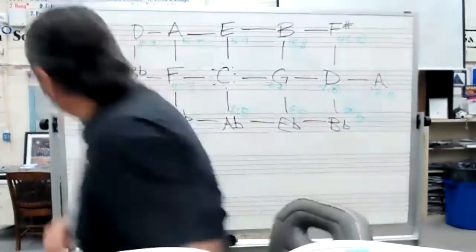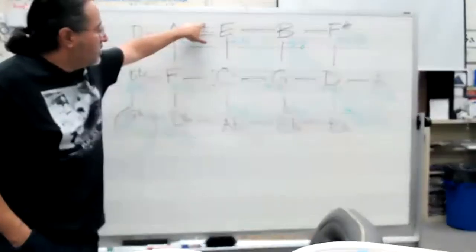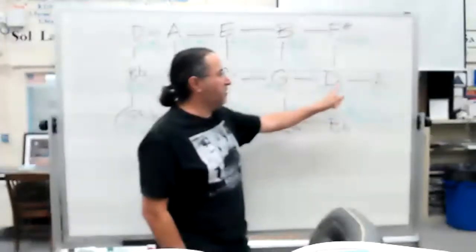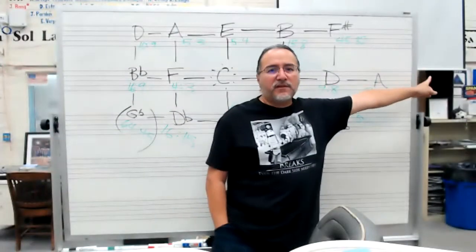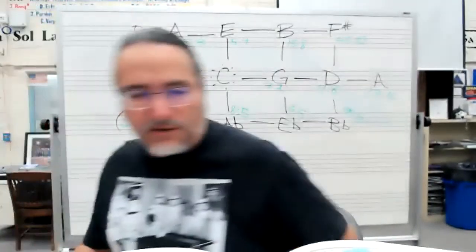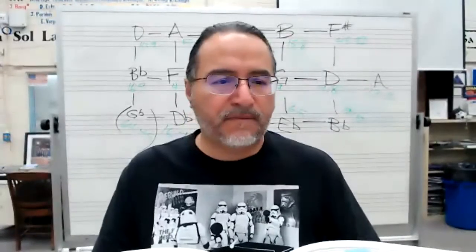So 3 does not equal 5. That's the syntonic comma. A major third up does not equal 4 perfect fifths up. They are two different things, two different pitches.